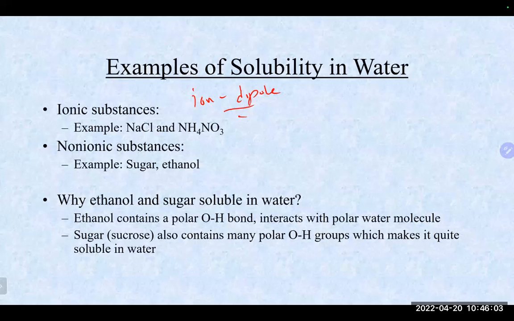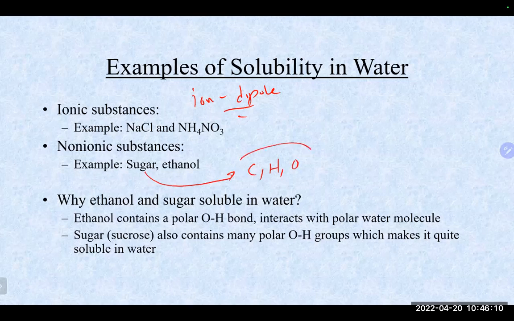So things like sugar, which is basically a bunch of nonmetals together, carbon, hydrogen, and oxygen. And obviously that's going to be held together by sharing of electrons. And something like ethanol, which is this guy right here, kind of looks like the last one I drew with an extra carbon in there.